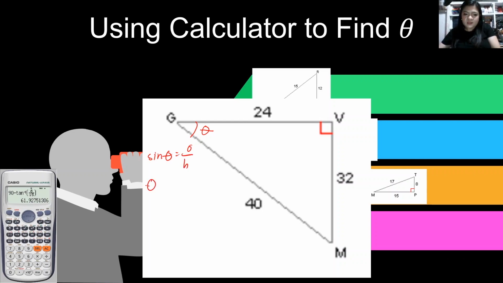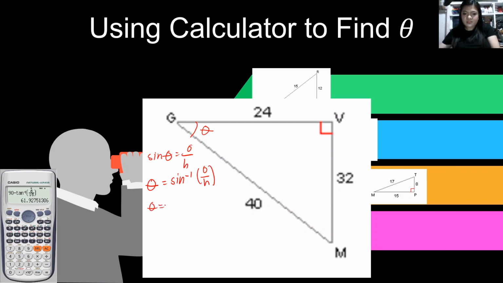So to get the value of theta, we have to take arc sine of opposite over hypotenuse. In this example, our angle G is our theta. The side opposite theta, angle G, measures 32 units, and the hypotenuse is 40 units.